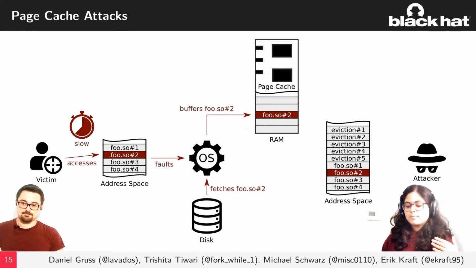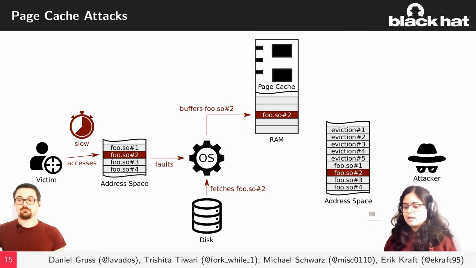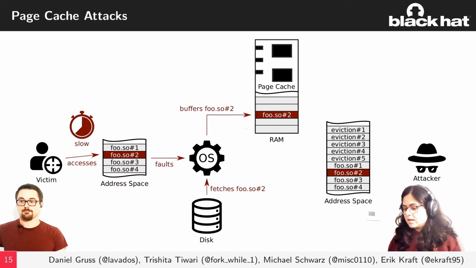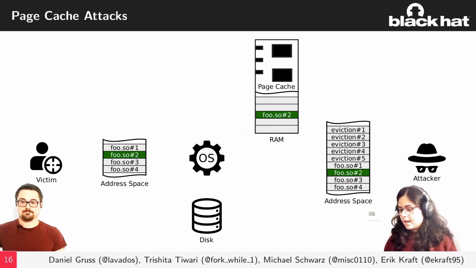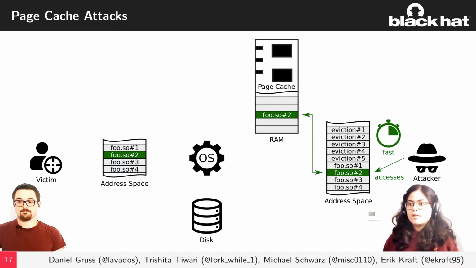So the operating system will have to fetch that page from disk, and then any subsequent accesses to that page will be from the page cache. Now that page is in RAM, and if the attacker accesses that same page, the access time should be very fast because that page is already in RAM.